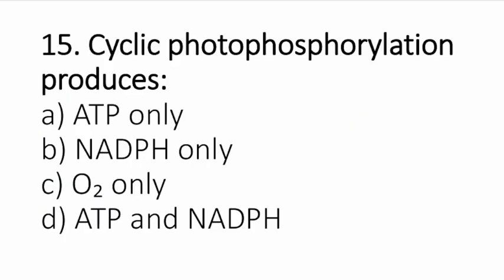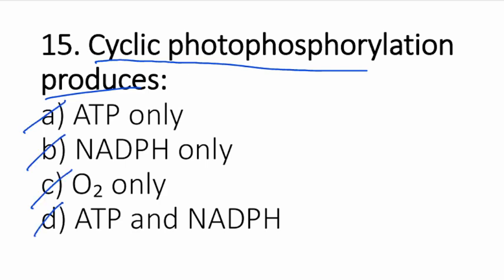Next question is, cyclic photophosphorylation produces ATP only, NADPH only, oxygen only, or ATP and NADPH. There are two types of phosphorylation we can see during photosynthesis, one is cyclic, another one is non-cyclic.